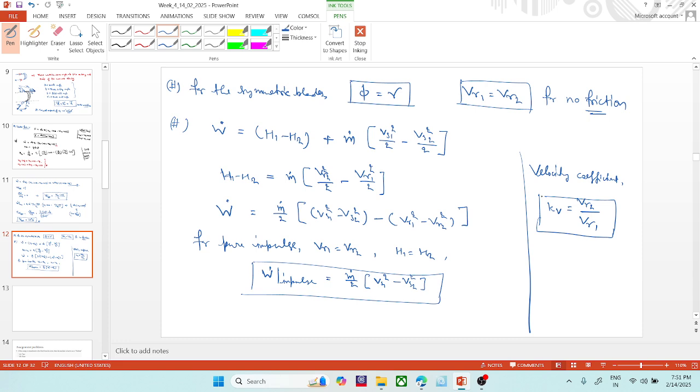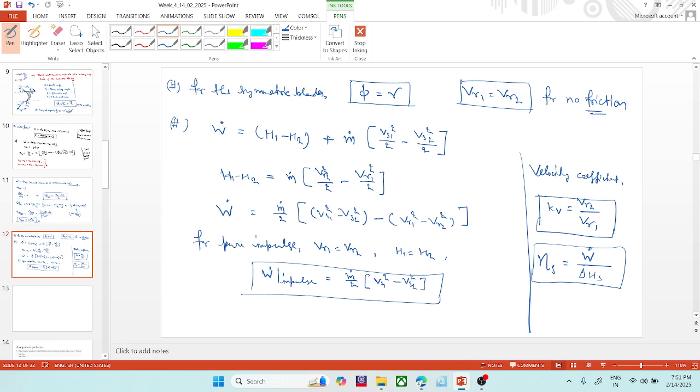Okay, so this relation we could also use in the numericals. Next, the last thing is this: the stage efficiency is defined as the ratio of the power divided by the enthalpy drop in that particular stage. Okay, so this thing we also have to keep in mind.